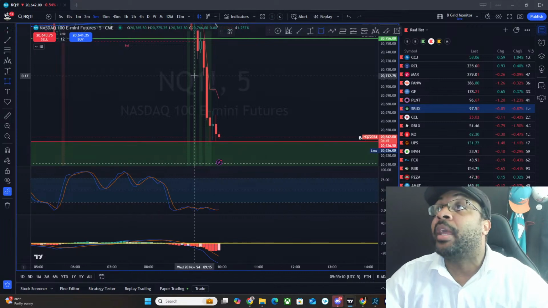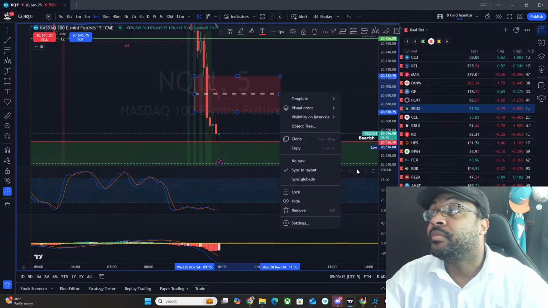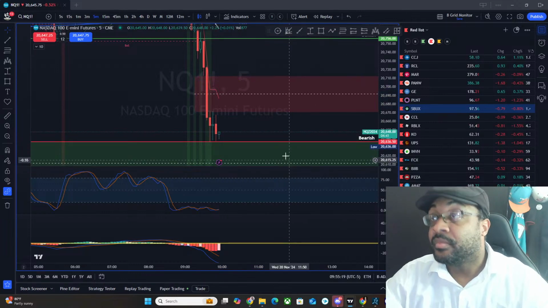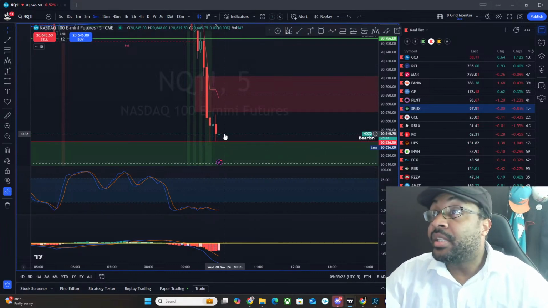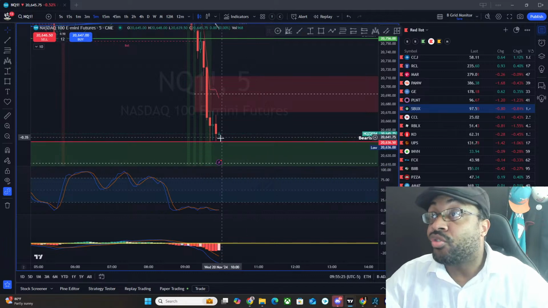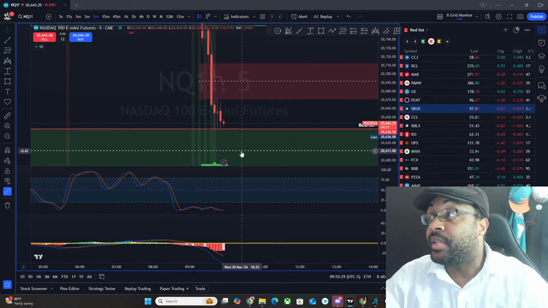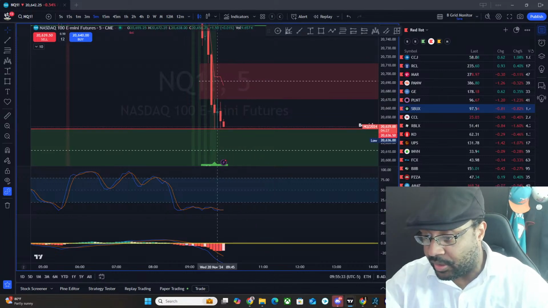But this looks like it's probably building some steam in that fair value gap. All right. Let's see if this momentum here is strong enough to get us under here and take out this fair value gap and get into like 611, 612, but we want the 5 minute to close below here.